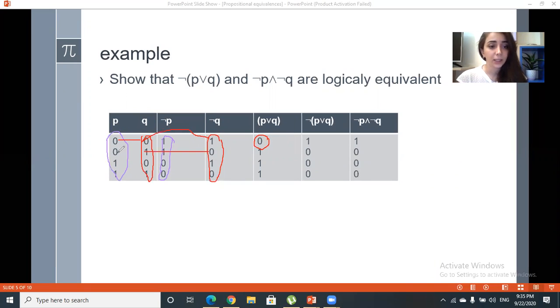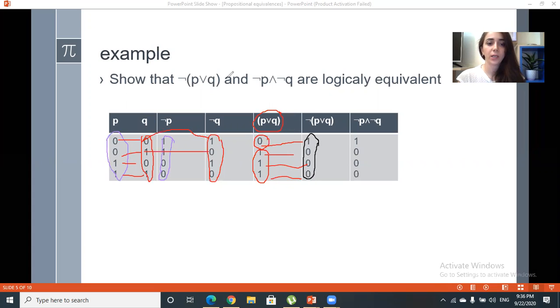We said that if one of the statements is true, the disjunction between them is always true. What about the negation of this operation? 0 became 1, and all ones became 0. So our final result is here, yes?